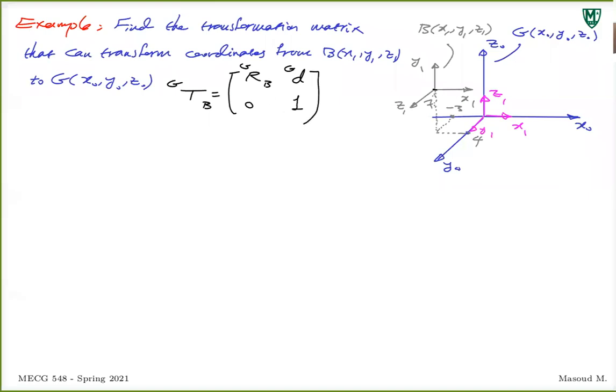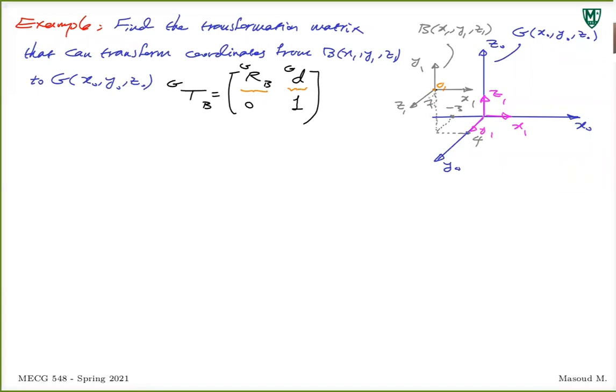That was the transformation matrix. In order to form it, we have to find this R and this D, the translation. The translation is pretty straightforward. It's where the origin of your body frame is in your global coordinate frame, or the coordinates of the origin of your body frame, O1, in your global coordinate frame.